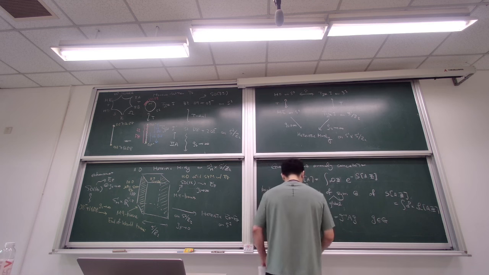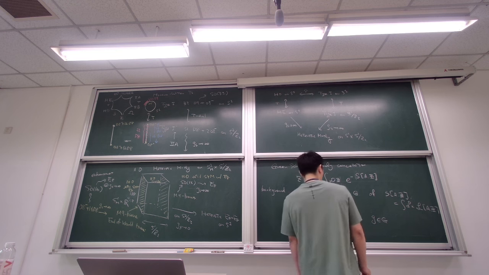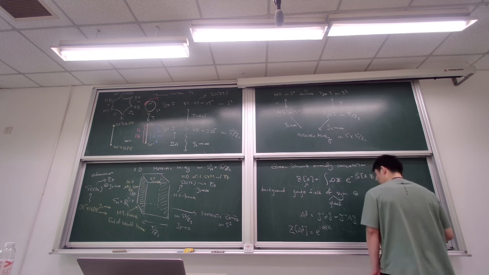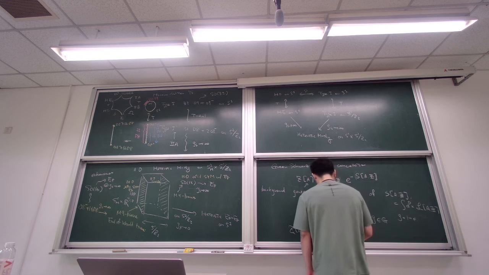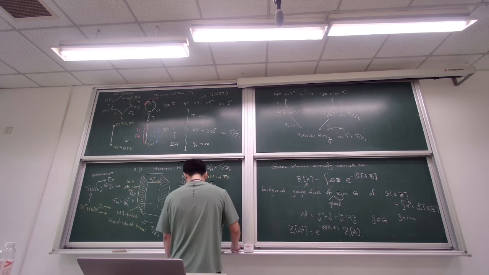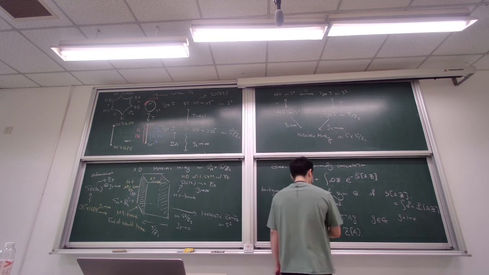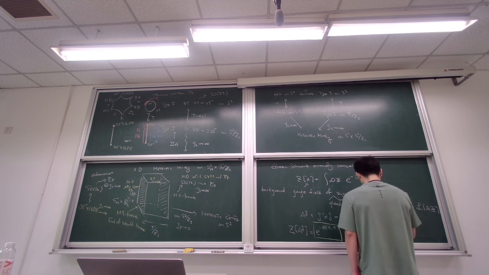There is some extra term that shows up, e to the i a. Maybe for the infinitesimal version, if you consider G equal to 1 plus epsilon, for instance, then the variation of A. So this part is called anomaly. There is some extra cost that shows up. This is called anomaly.